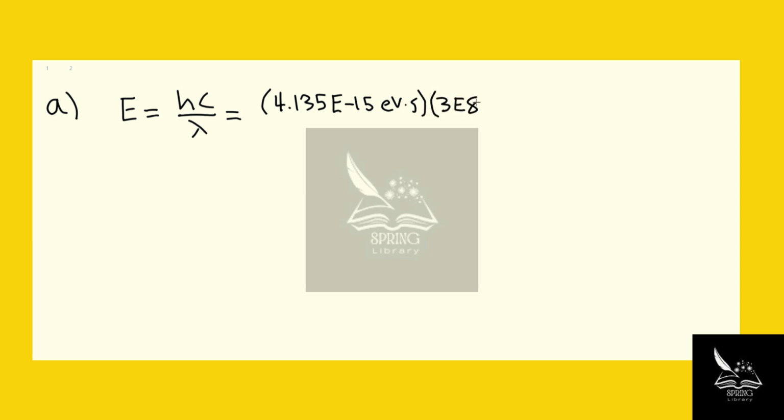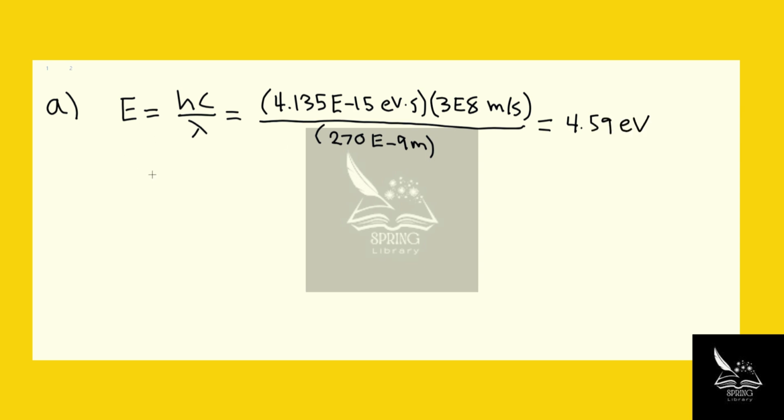And then we can compare that to the table and see which materials have a work function less than this value we're computing. So it's 270 e to the negative 9 meters. Doing this computation, we have a result of 4.59 electron volts. And there will be 3 on our chart that have a work function less than this.